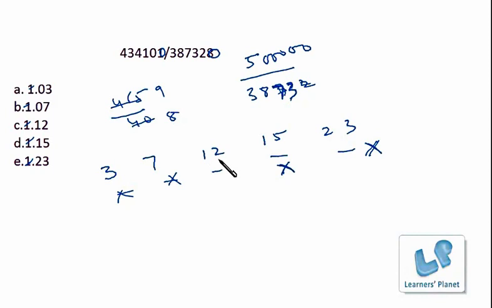So we are left with 12 only. This is the only correct option because 10 times of this will be 3,80,000 and 2 times of this will be around 76,000, right? So 12 times of this will be approximately between 4,50,000 and 4,80,000, right?